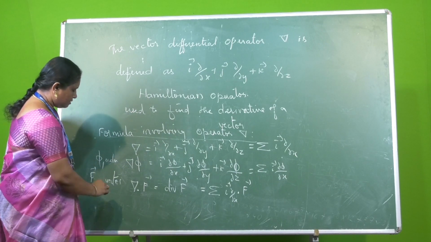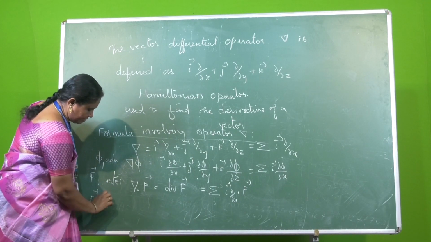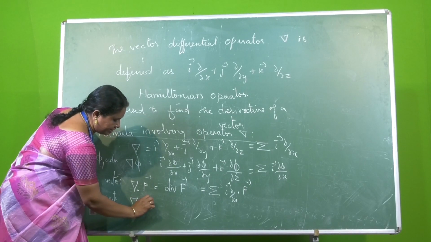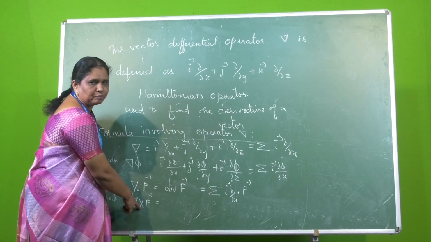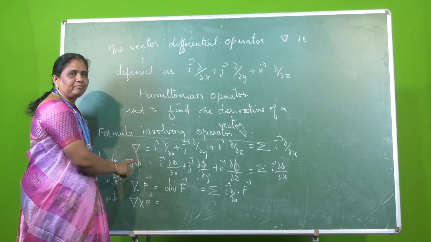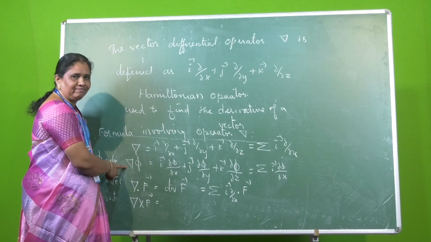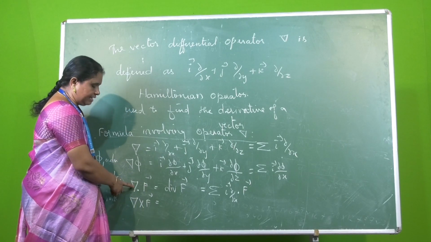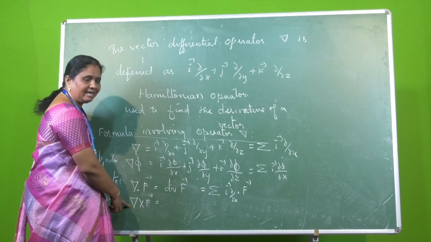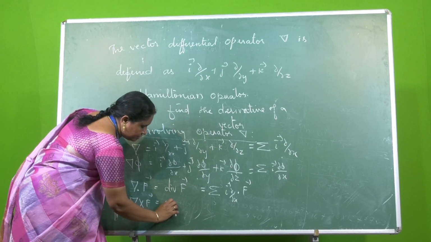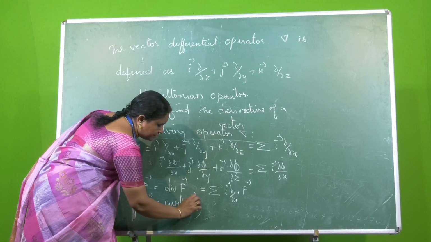And again, f vector is a vector function. We can write del cross f vector as the del cross product. First we have seen simply del, then the next one, phi is a scalar point function and del phi. Next, f vector is a vector point function and del dot f, now del cross f. So, we can write this also as curl f vector.